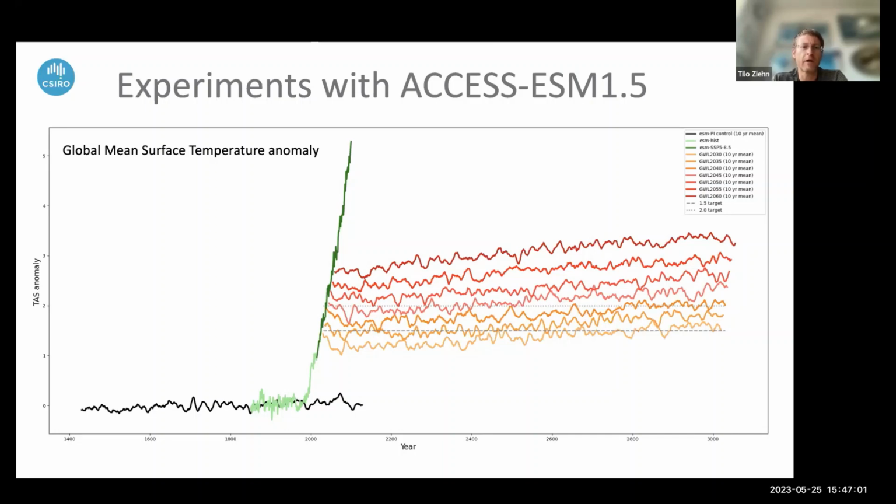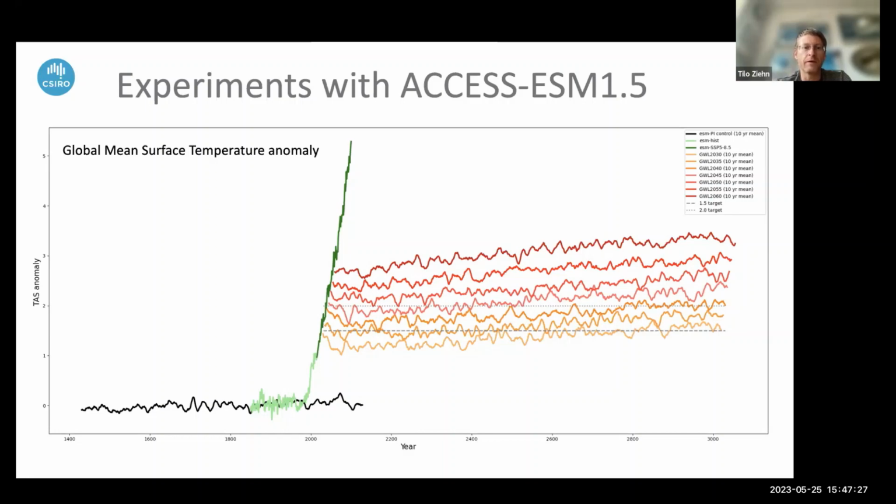And you can see the simulated global mean surface temperature anomaly on this slide. In black, we have the emissions-driven control run that's only shown here for reference. And then we have the ESM historical simulation in light green, which then continues into the future as SSP-585 in dark green. And then we branch off at various points in time for our stabilization runs.